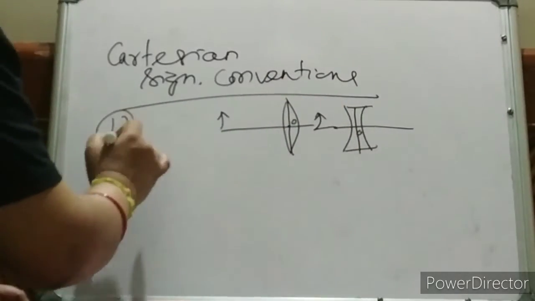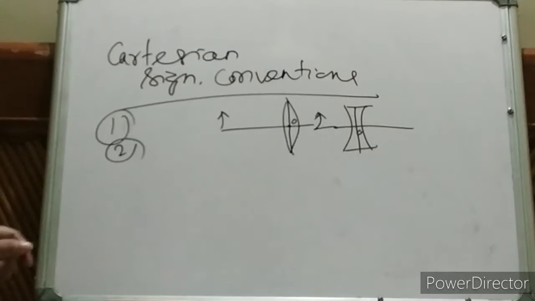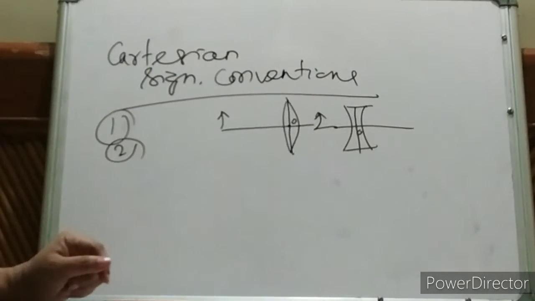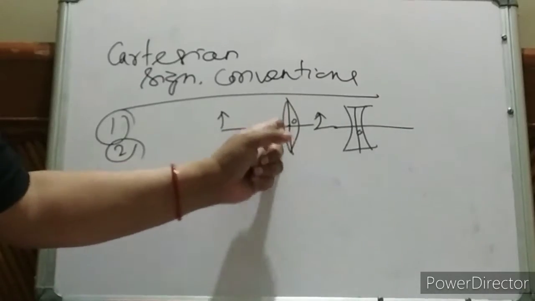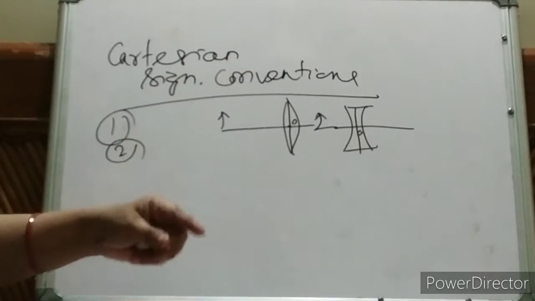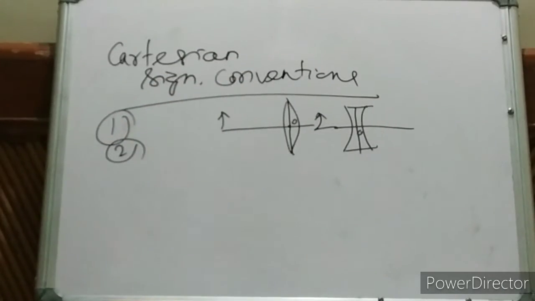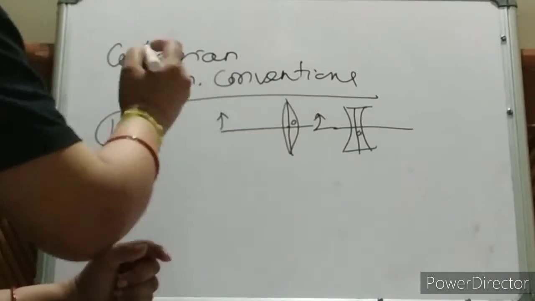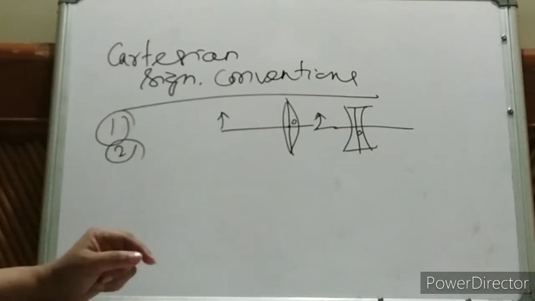All the distances are measured from the optical center. All the distances means the object distance, the image distance, and the focal length, everything should be measured from the optical center for both the lenses.